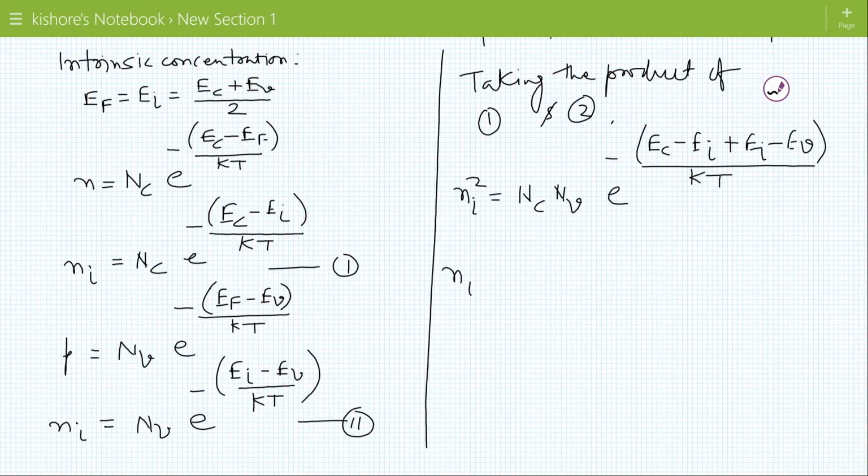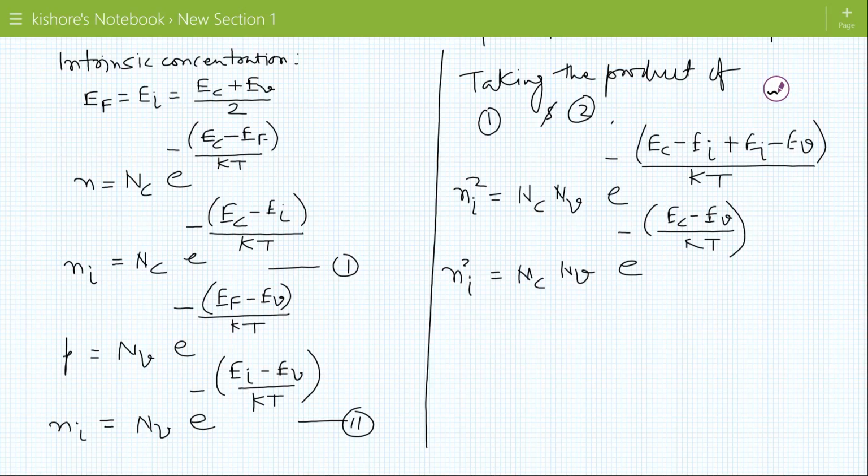So Ni square is Nc into Nv e to the power minus (Ec minus Ev) by kT.